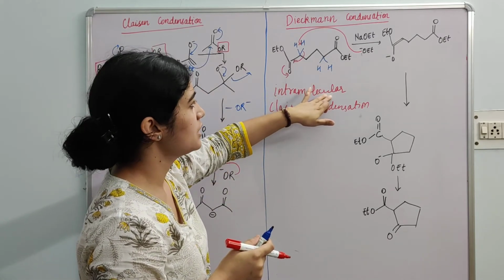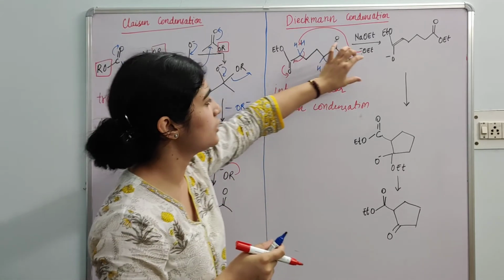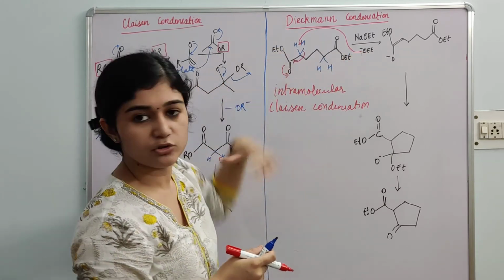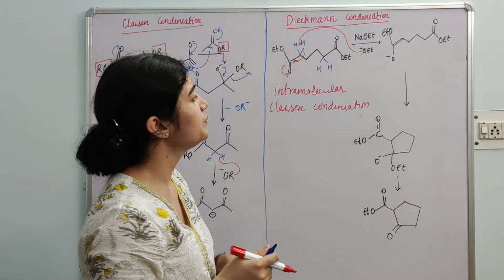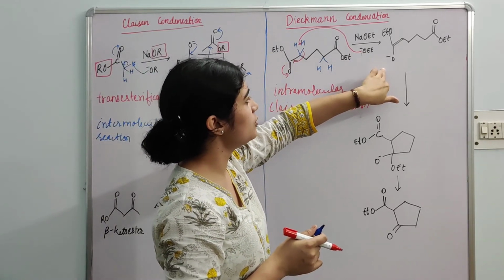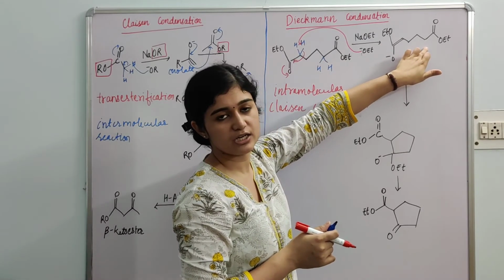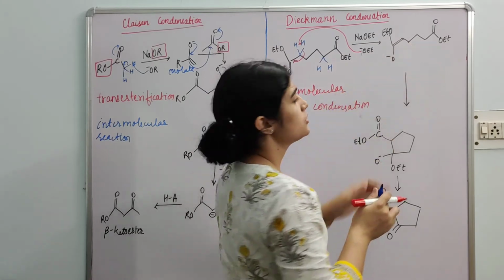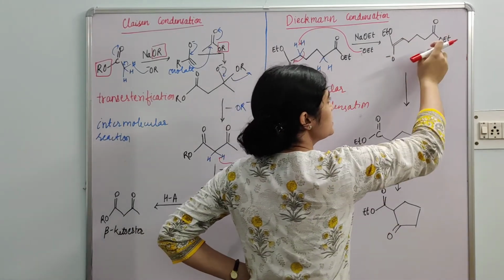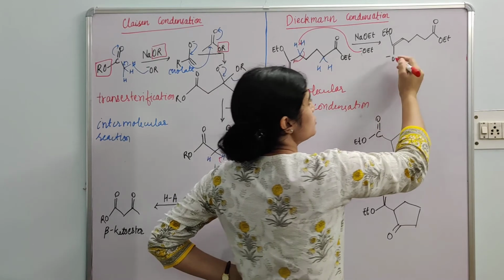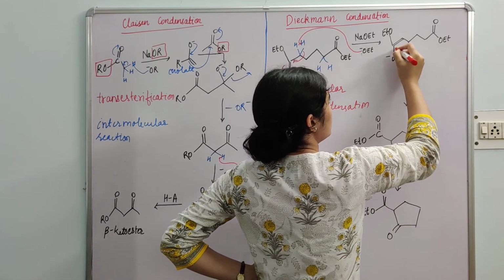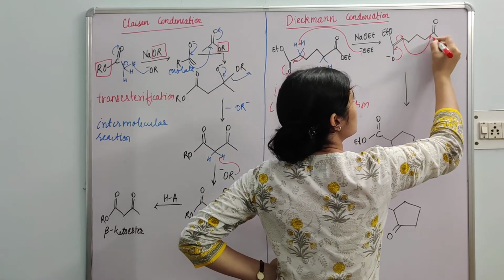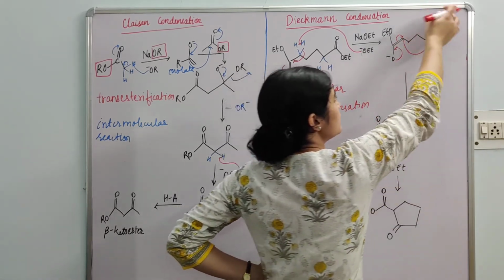Intramolecular reaction happens, because in order to undergo intermolecular condensation reaction, one molecule has to find another molecule, but in the case of intramolecular reaction, the position where it has to attack is attached to the same compound. So what is happening here? This ester group is present with the enolate form. So it will attack this carbonyl carbon.